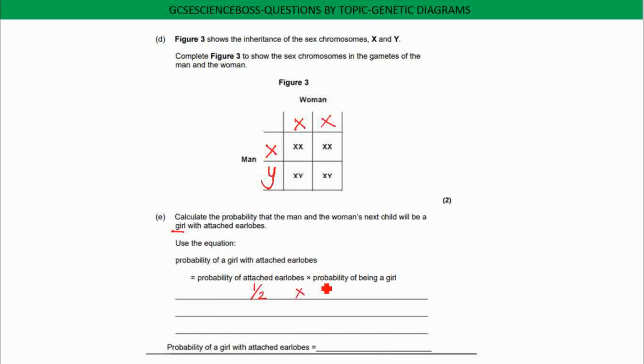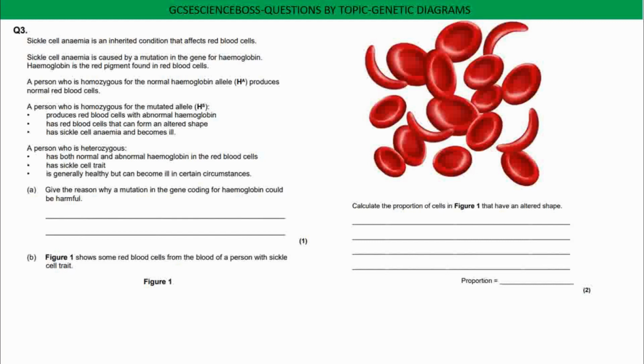And we need to times that by the probability of being a girl, which is always going to be 50%. So half times a half is a quarter, which therefore means that the probability is going to be 25%, or a quarter, or 0.25. Too easy, very easy, love it. Your confidence should be building now. You're ready to take on GCSE.